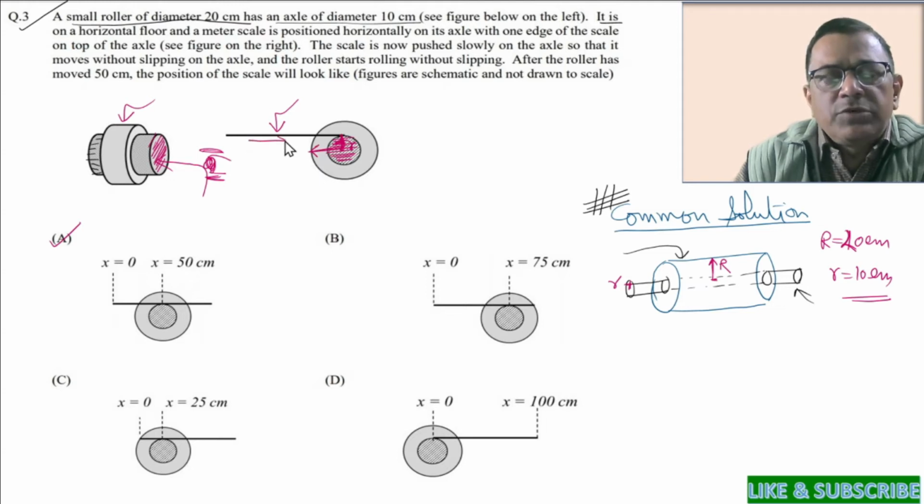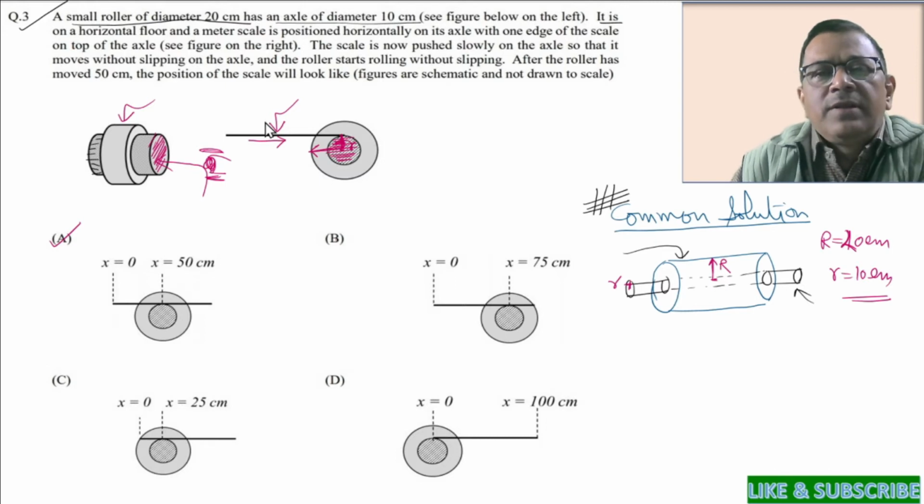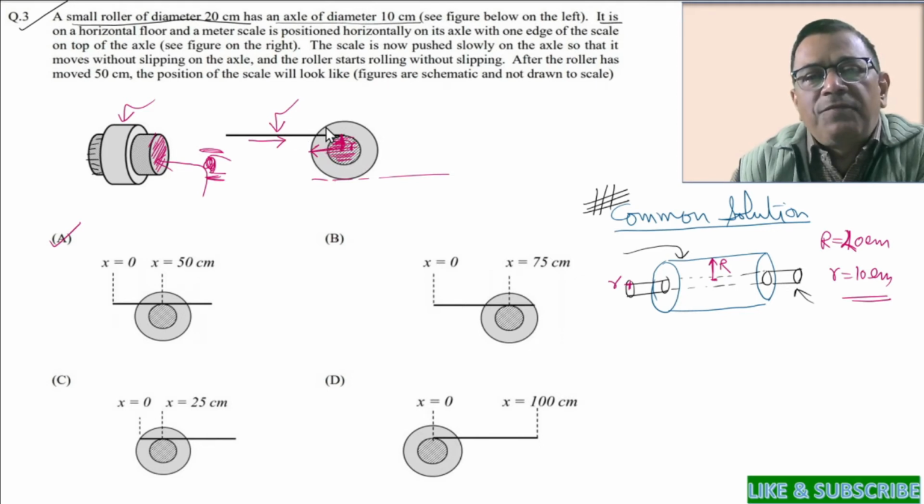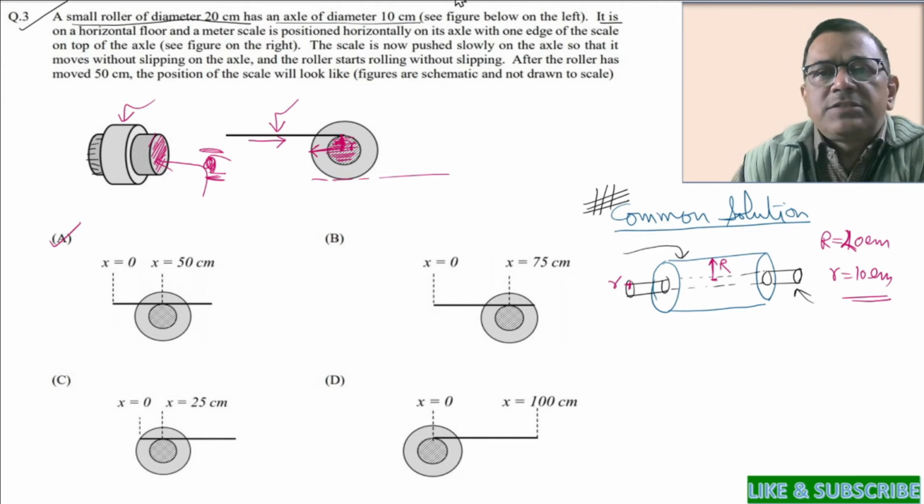Now as this is pushed, assume the roller rolls, and at no point is there skidding between the meter scale and the axle. So this meter scale rolls over this axle perfectly. Is that right? And this is what has been given over here.